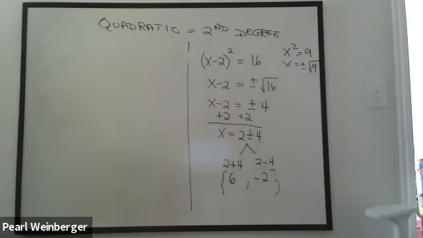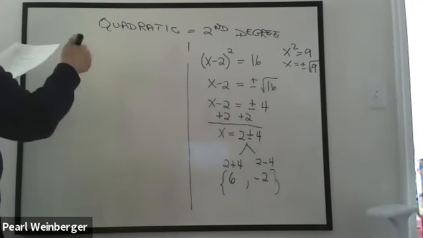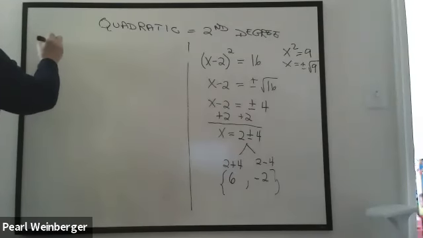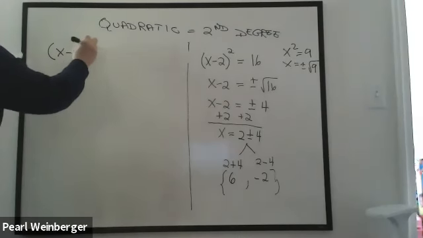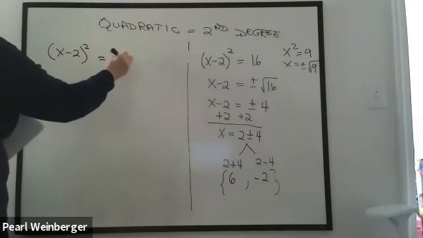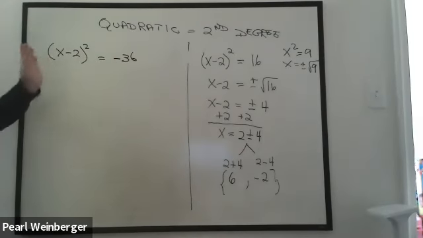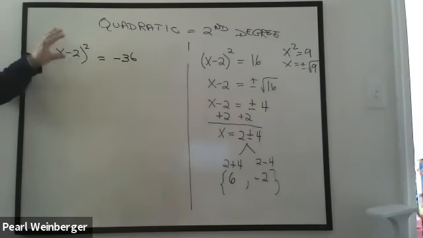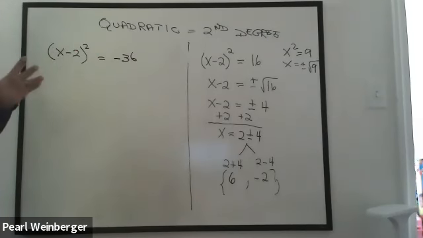So let's say I gave you this example. x minus 2 squared equals negative 36. Again, what I have is a binomial squared. I have something squared equaling a number. And it's a perfect setup for the square root method.